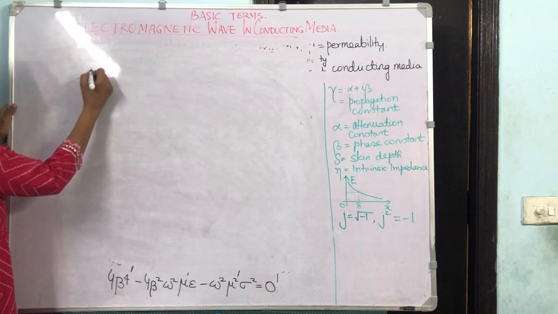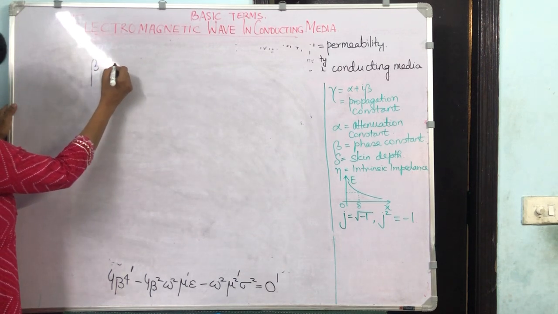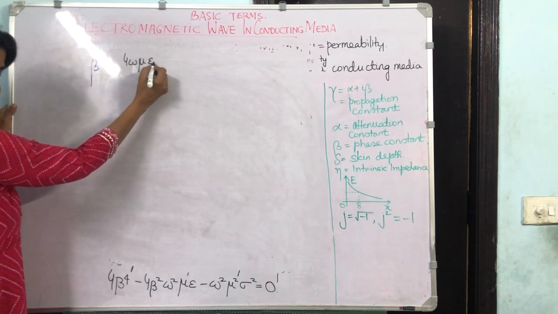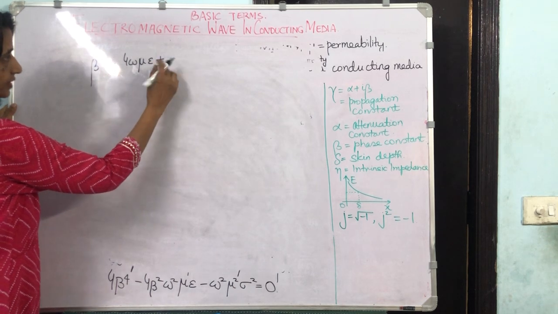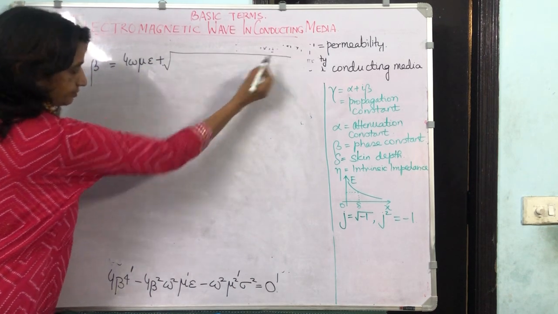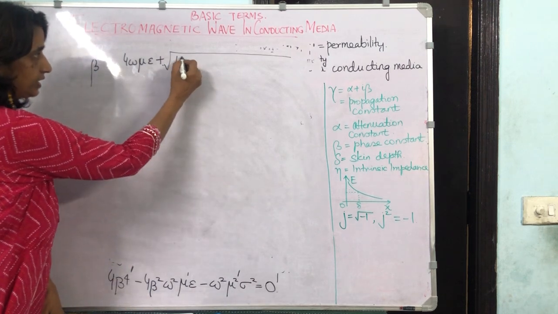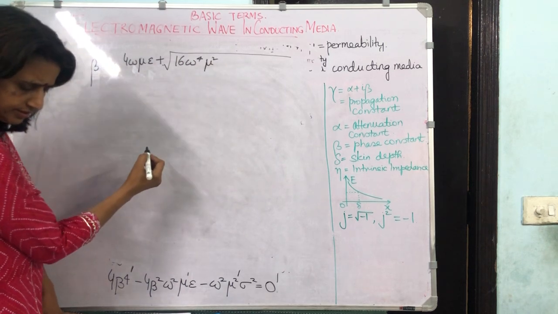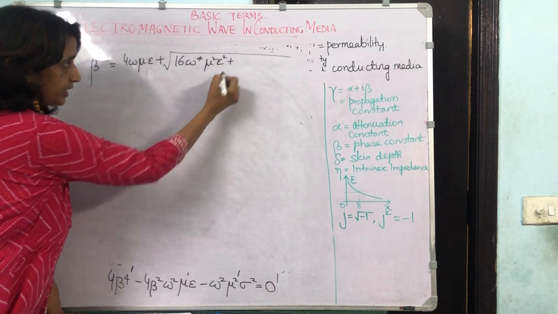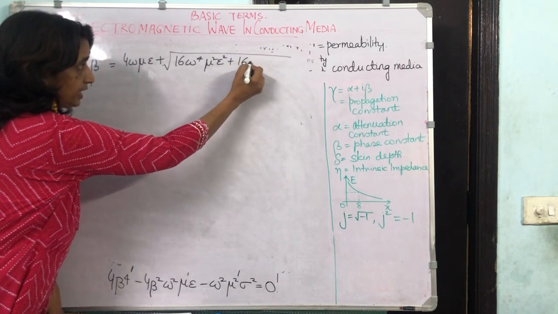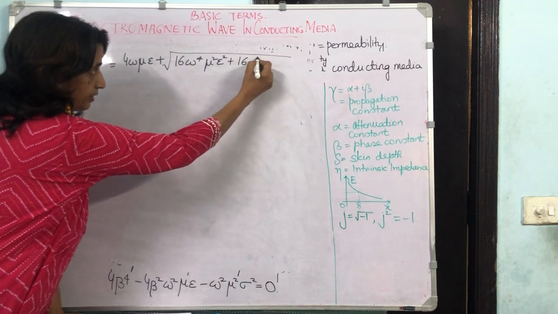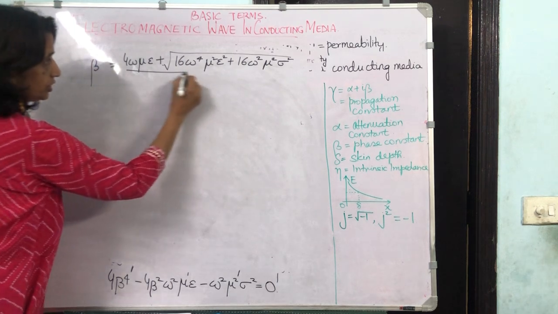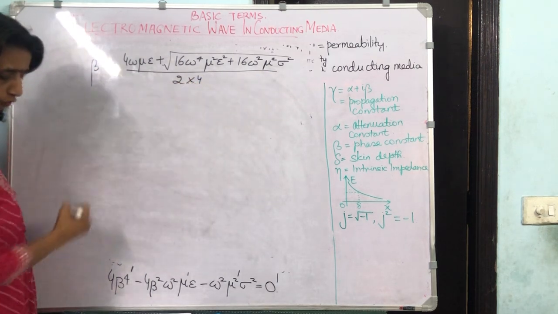So from this equation, beta squared is equal to 4 omega mu epsilon plus under root 16 omega to the power of 4 mu squared epsilon squared plus 16 omega squared mu squared sigma squared, upon 2 into 4, right?